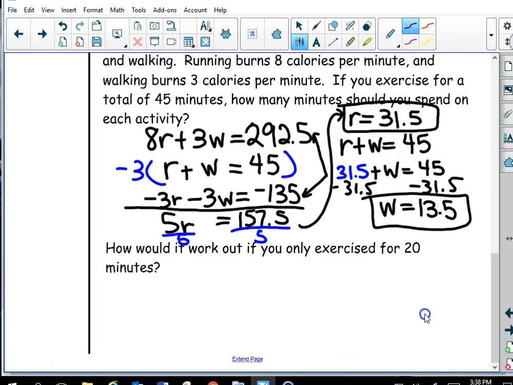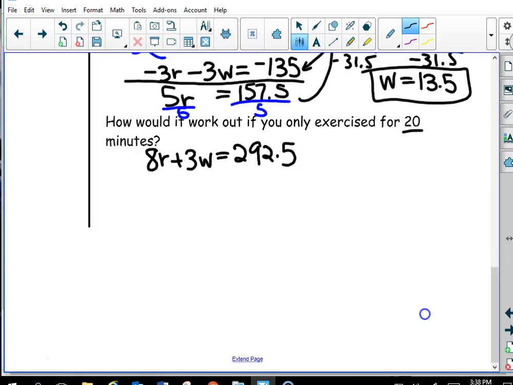All right, we're just going to repeat this whole process, but instead of using the 45, we decided that we've got to cut our time and just do it for 20 minutes. So I have the 8R plus 3W, and I still want to get rid of a quarter of my calories, 292.5. And I'm going to take R plus W equals 20.